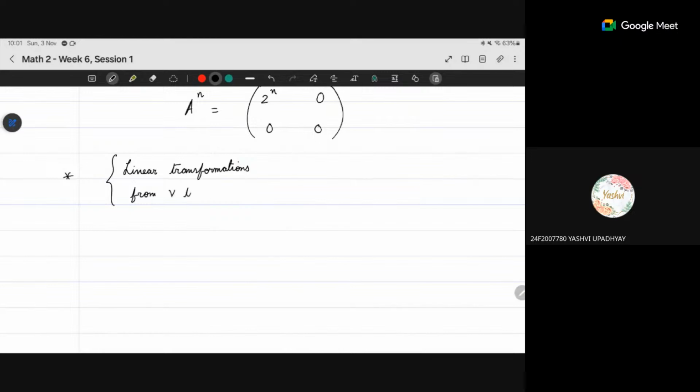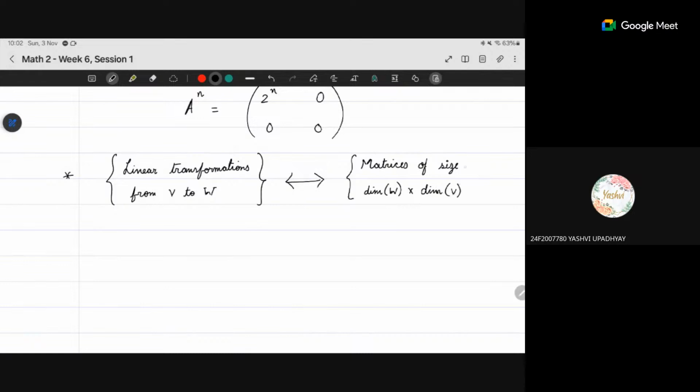from V to W are in one-to-one correspondence with matrices of size, I don't know if you call it size or order or what, dimension W cross dimension V. So this one-to-one correspondence is always with respect to bases, let me just call them BV and BW, on V and W respectively.